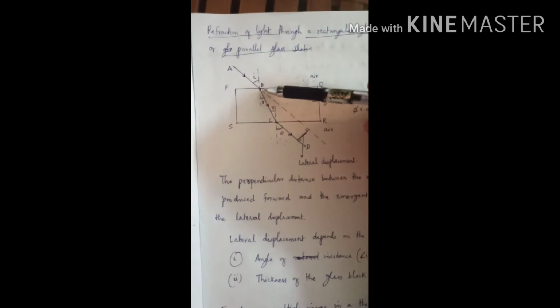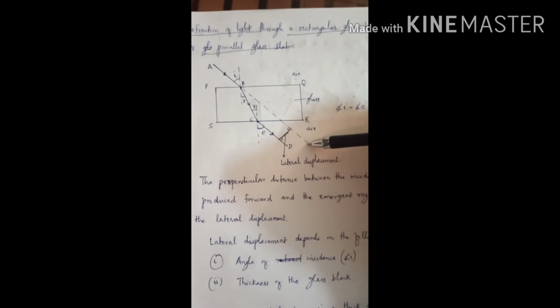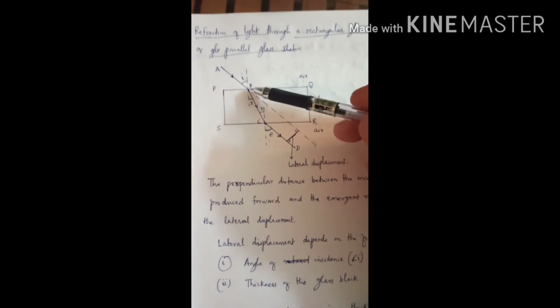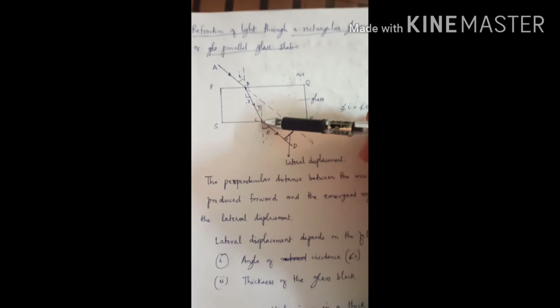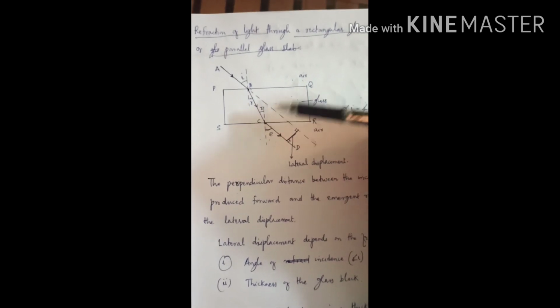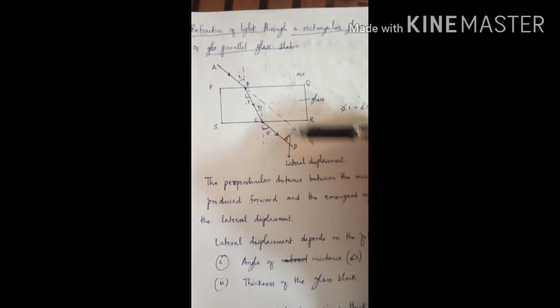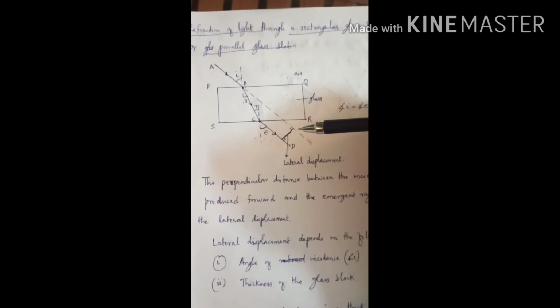It comes out like this. If you produce the incident ray in the forward direction, that means if there is no glass block, only air, then light would have traveled along this straight line path. But since refraction takes place two times in the glass block, light comes out like this as CD. So CD is your emergent ray.